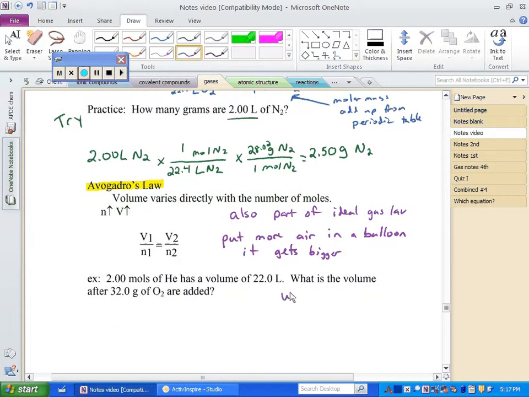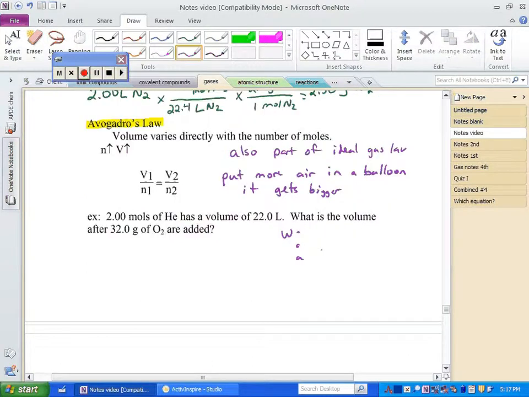Now, what you have to watch out for. Whoa, you gotta watch out for the screen scrolling on you uncontrollably, apparently. Okay. Watch out for. You are usually not given N1 and N2.